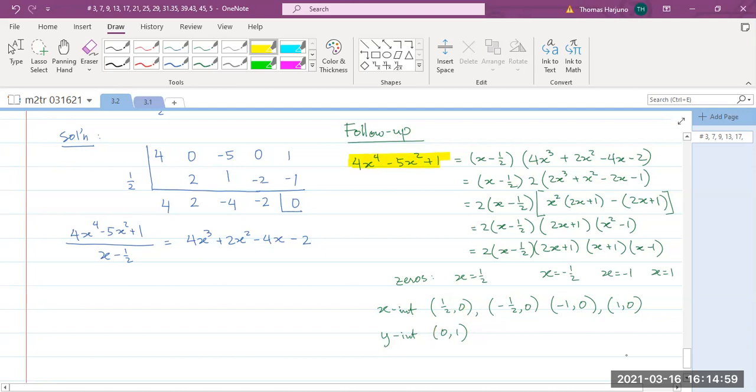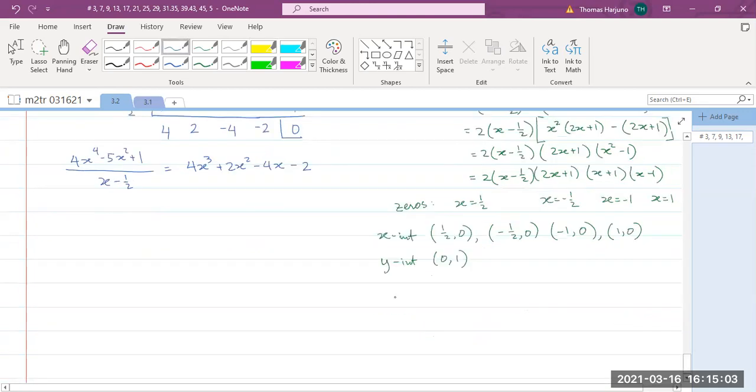Okay, now let's do the sign graph. Using those zeros, we get critical numbers. So the sign graph will be, we have negative 1, negative 1/2, 1/2, and 1. The y-intercept is 0, 1, therefore it's positive.